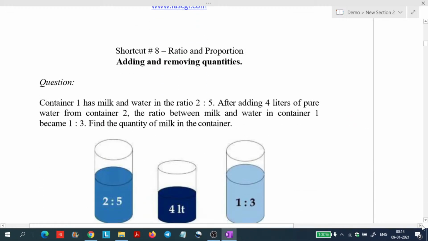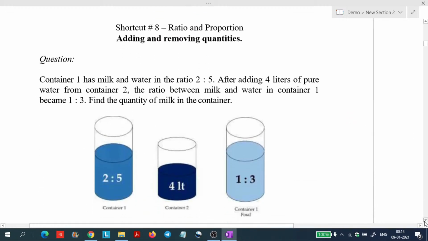So the next shortcut type in ratio and proportion: container 1 has milk and water in the ratio of 2 is to 5. This is the first container where the milk and water are in the ratio of 2 is to 5.